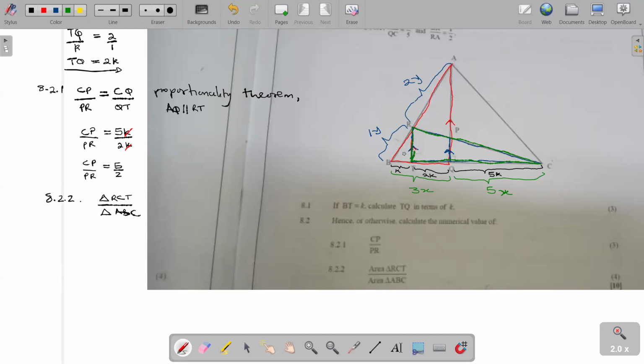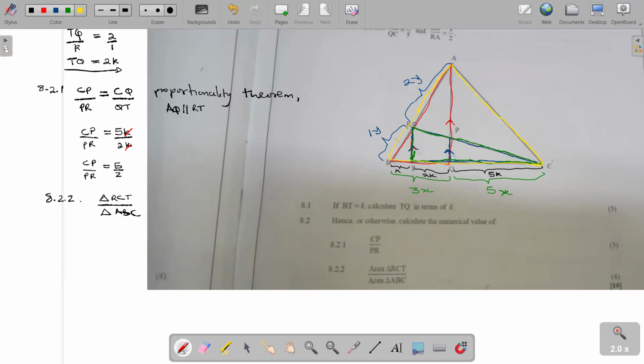And then the other triangle. So RCT is this one in green. Then we check the other one, which is ABC. Triangle ABC. Let me put it in yellow. This is triangle ABC. So we are going to check a lot of different things when we go to ratios of a triangle.